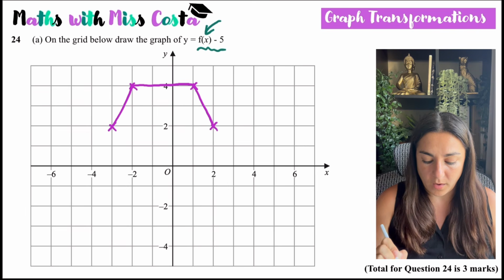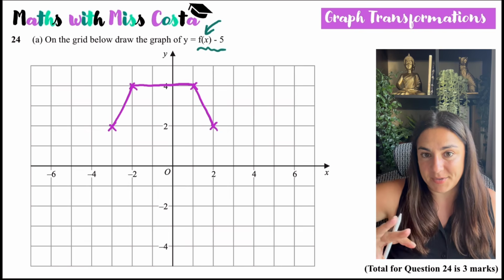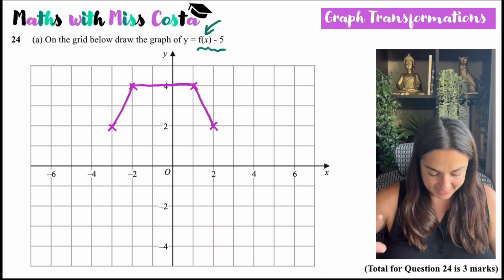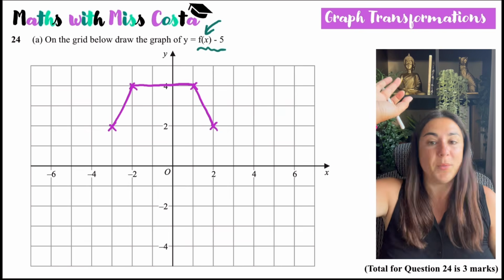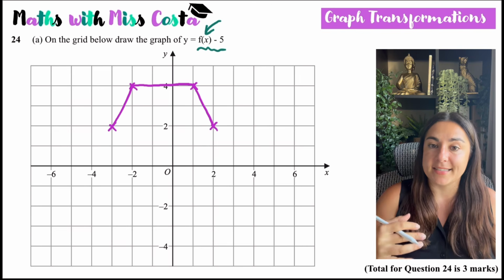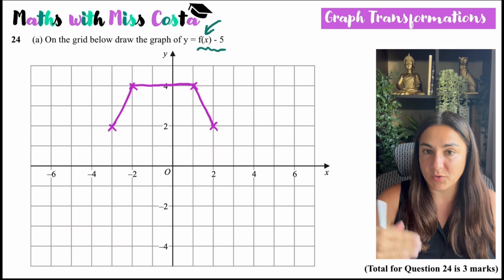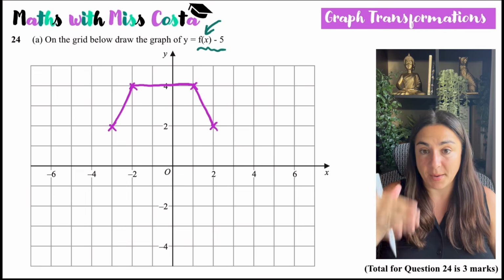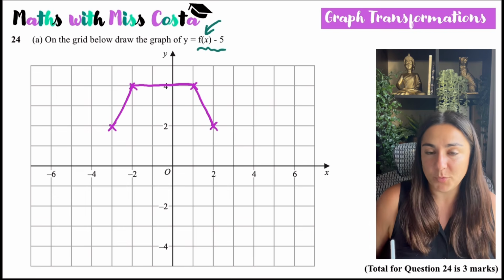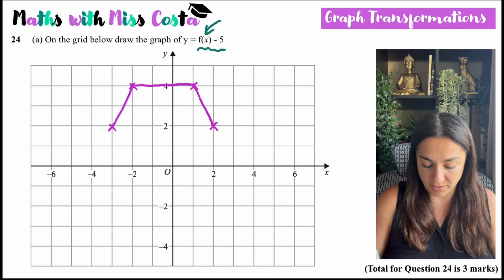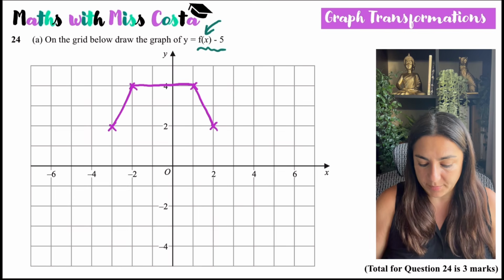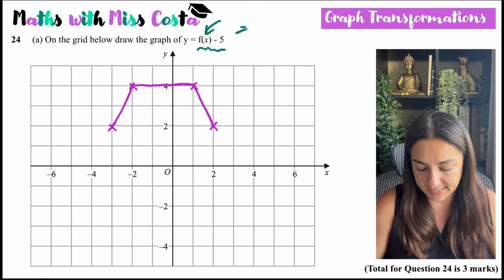When something is happening to it outside of the function, it's dealing with whether we're going up or down, and it affects the y coordinates, and it does what it says on the tin. So it says f of x minus 5, so I'm literally moving every y coordinate down by 5.